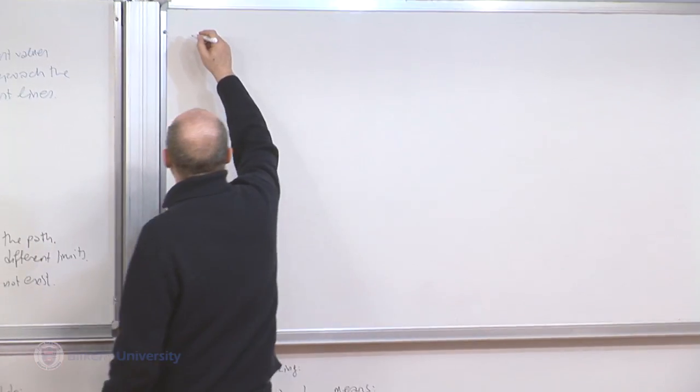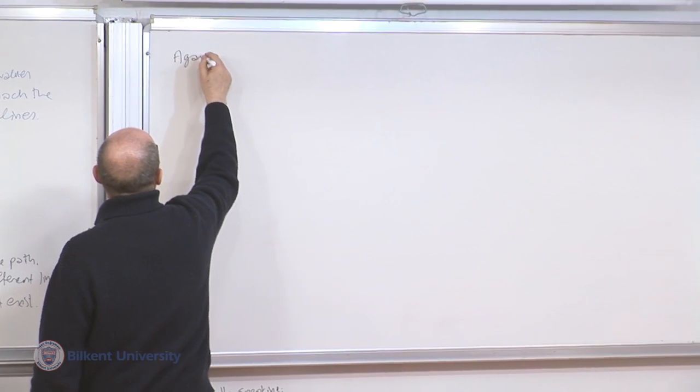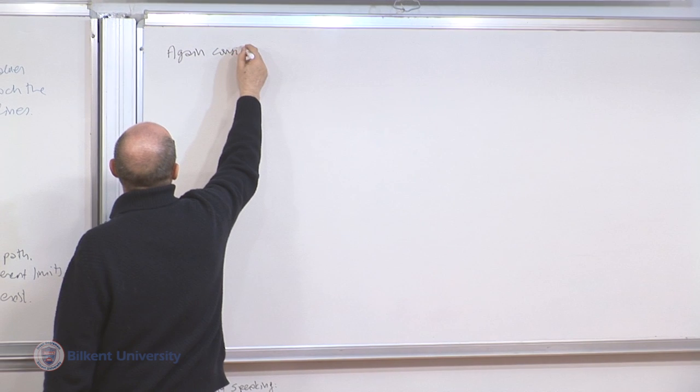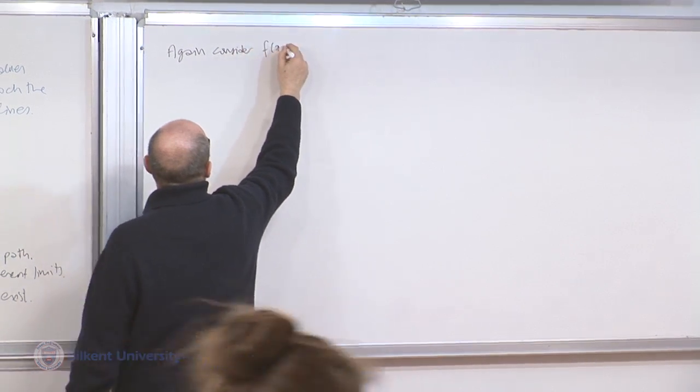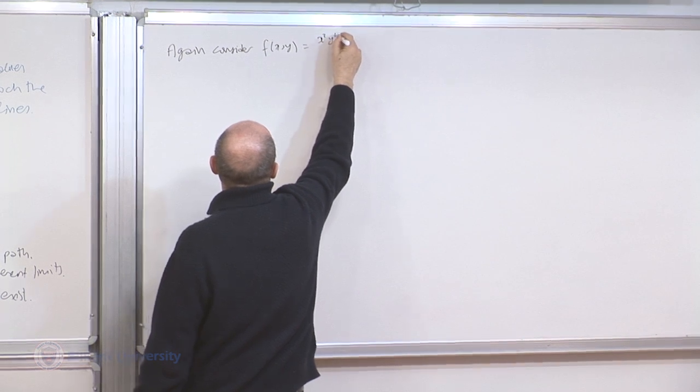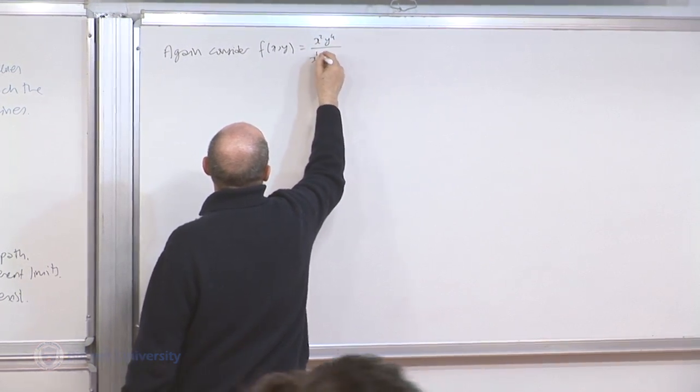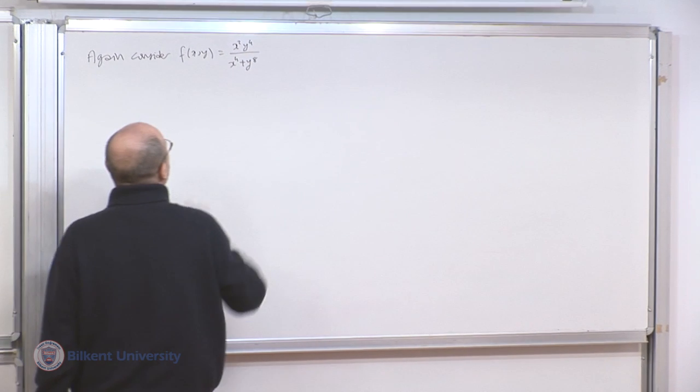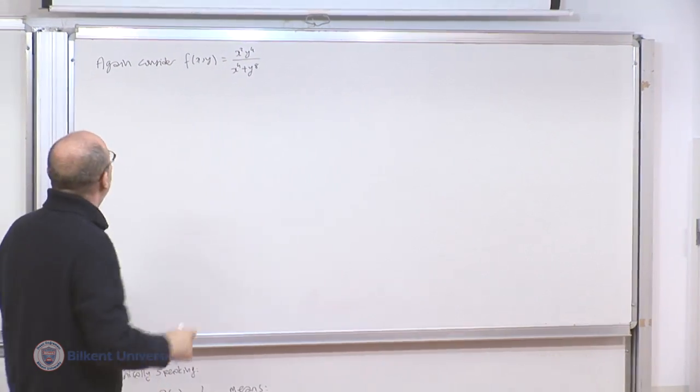Okay? So again, consider f of x, y. So what was this? x squared y to the 4 over x to the 4 plus y to the 8. Okay?